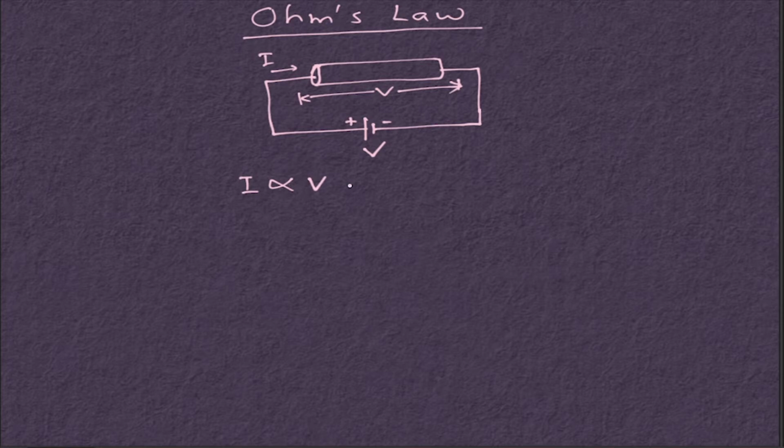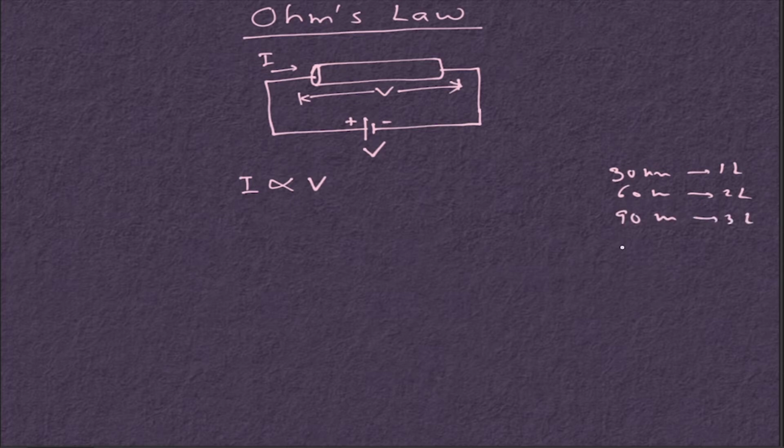Then what is this proportional thing? Suppose, for example, a vehicle can run 30 km when it consumes 1 liter of petrol, 60 km when 2 liters of petrol are consumed, and similarly 90 km when 3 liters are consumed.